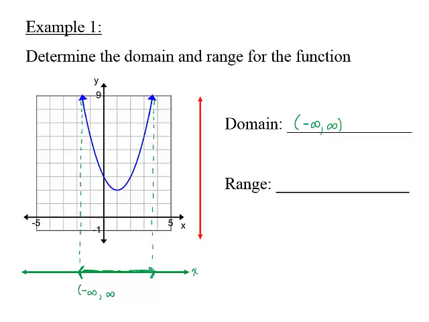To find my range, I'm going to superimpose my graph onto this copy of my y-axis. The range, or y values, are read from the smallest to largest, which in this case is from the bottom to the top. The bottommost point on my graph is at the vertex of this parabola, which is at the value 2.